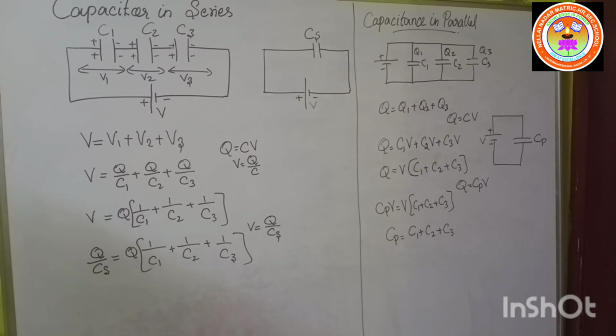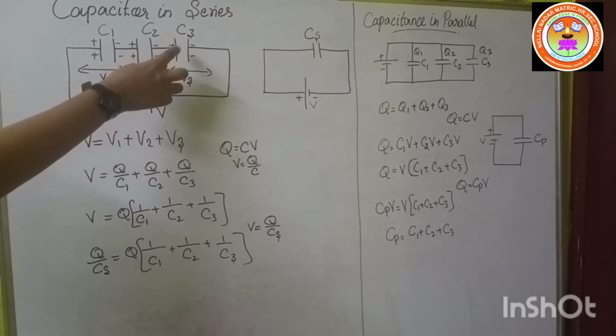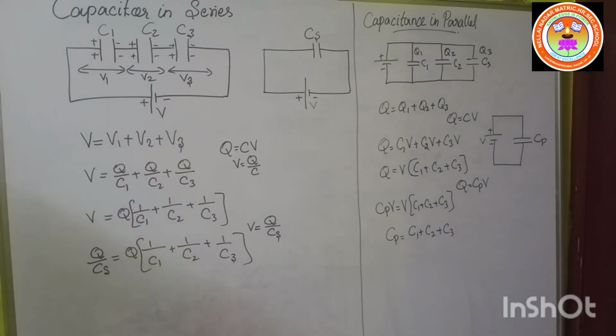Similarly, the left plate of C2 pushes the charge of minus Q to the right plate of C1. So from the battery the electrons are pushed to C3, then C3 to C2, then C2 to C1. Which induces the positive charge plus Q on the left plate of C1.